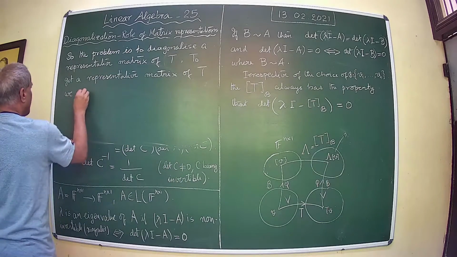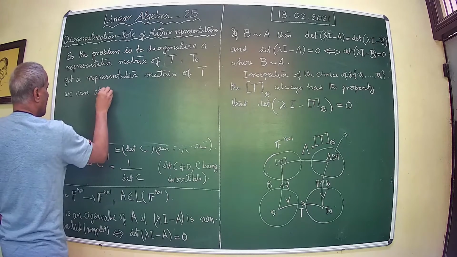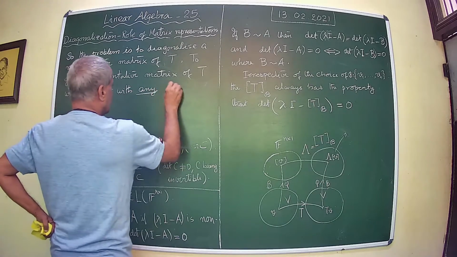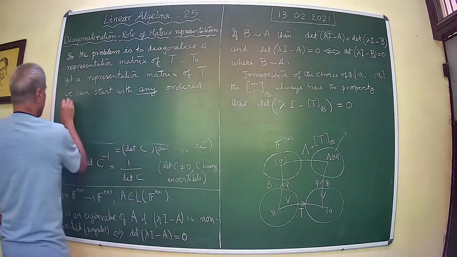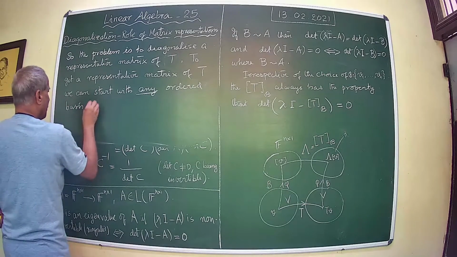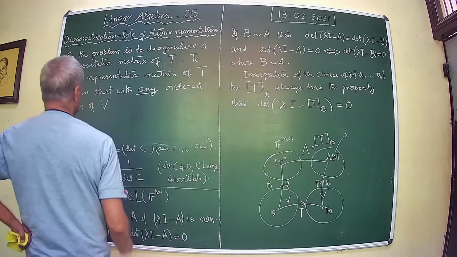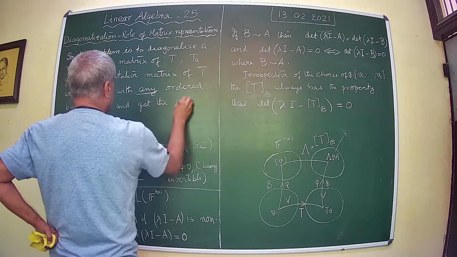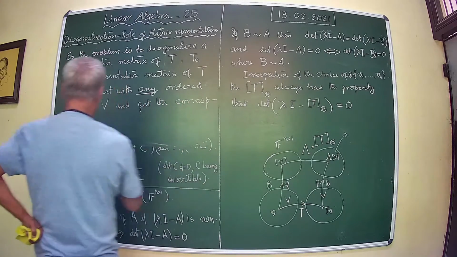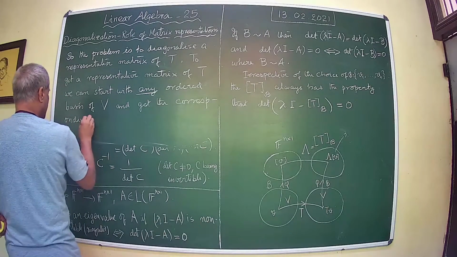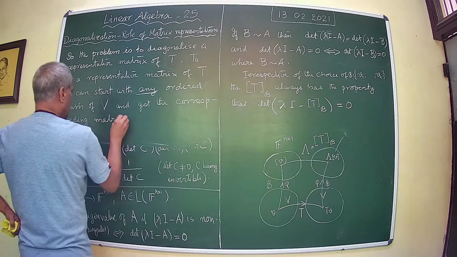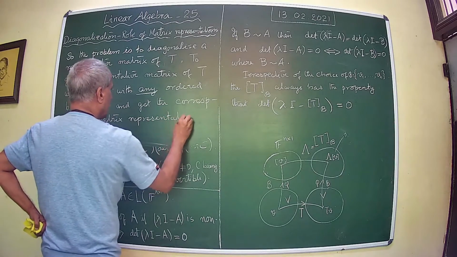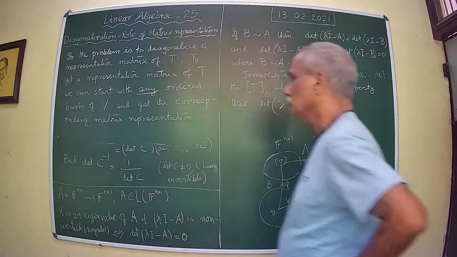We can start with any ordered basis of V and get the corresponding matrix representation.